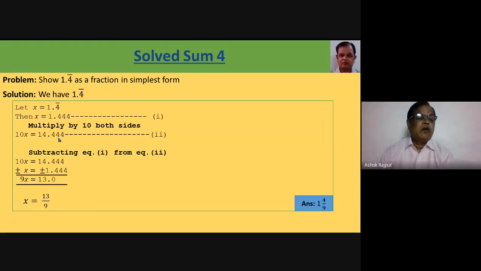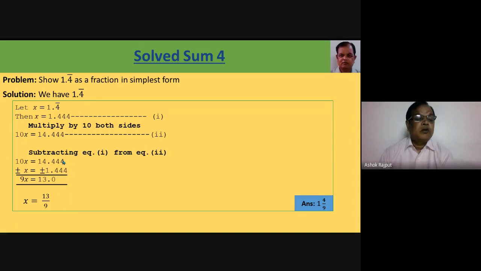Okay, after this, subtracting equation 1 from equation 2, then 10x equal to 14.444 and x equal to 1.444. So we can write here dot dot also, and after subtracting we are seeing here after the decimal the digits are the same.